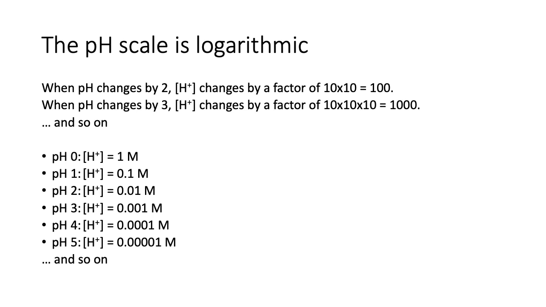So if the pH changes by 2, for example from pH 0 to pH 2, then the concentration of hydrogen changes by a factor of 100, because 0 to 1 is times 10, and 1 to 2 is times 10. So going from 0 to 2 is 10 times 10, or 100. So just know that changing the pH by 1 unit changes the concentration of hydrogen by 10 times as much or as little, depending which way you're going.